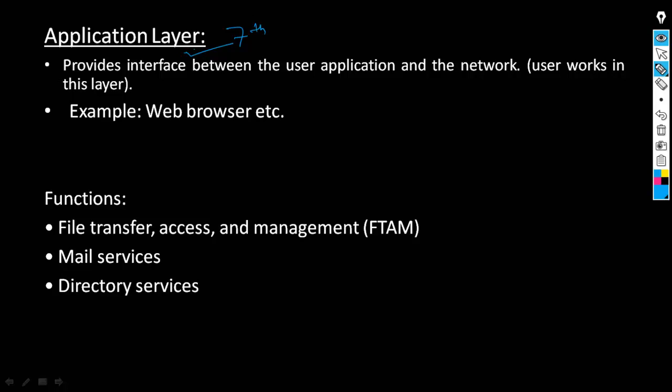Now we'll discuss the functions of the application layer. One of the functions of the application layer is file transfer, access and management. An application layer allows a user to access a file from a computer and to manage the file in a remote computer.